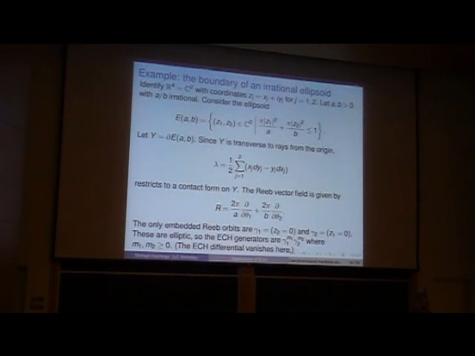Now, the ratio of these rotation rates is irrational, which means that if you start somewhere, there's no way you can come back where you started unless one of the two C coordinates is 0. So there are just two embedded Reeb orbits, one where z2 is 0, and the other where z1 is 0. Now, these are elliptic, which means the linearized return map along these Reeb orbits has complex eigenvalues.